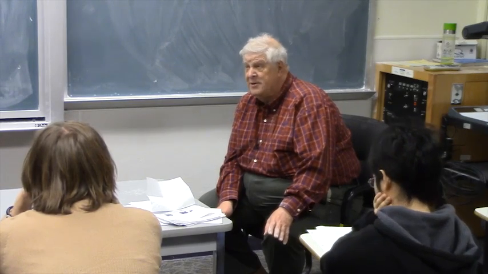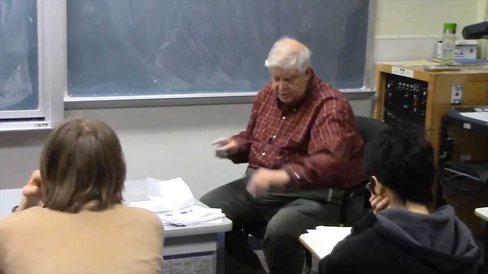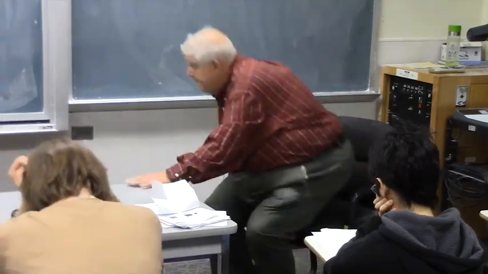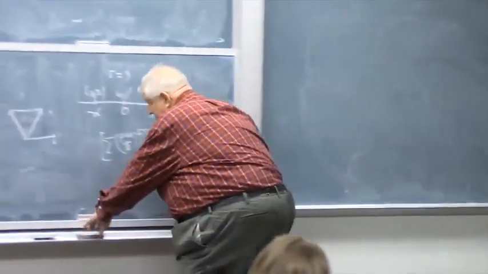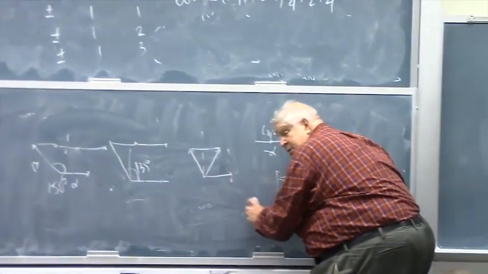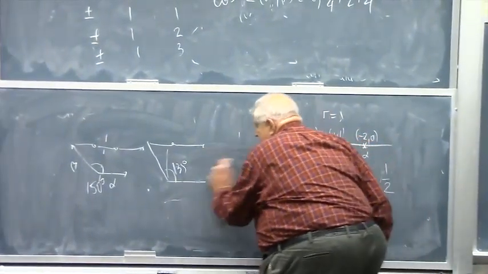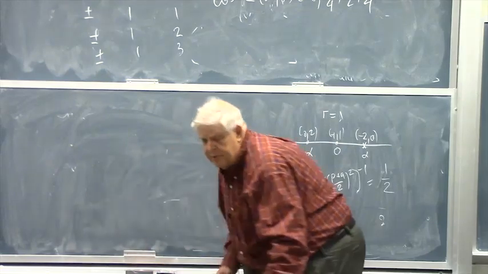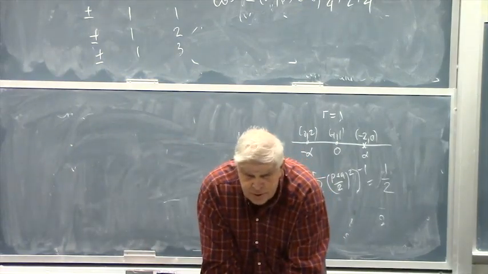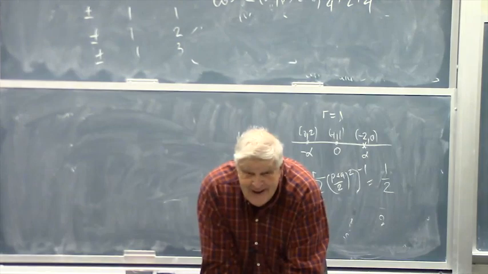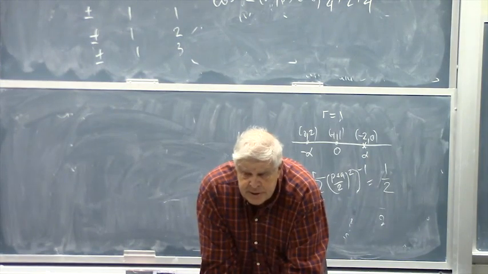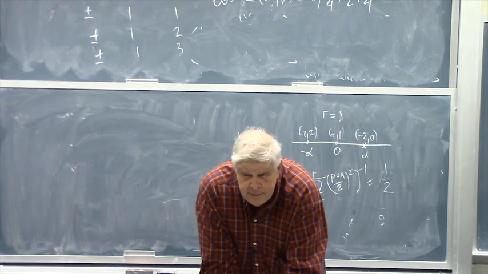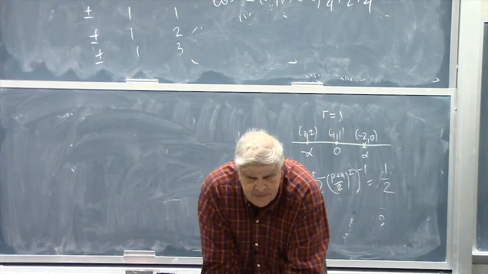Now let us consider other cases of dimension 2. I will need this configuration, but still I erase them. Suppose that there are at least two roots, and suppose they're not orthogonal to each other. Then the angle between them, you know what it is.